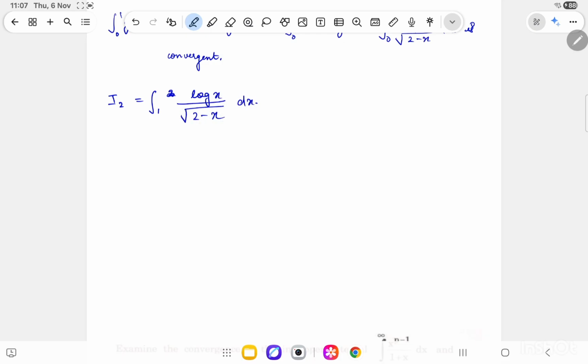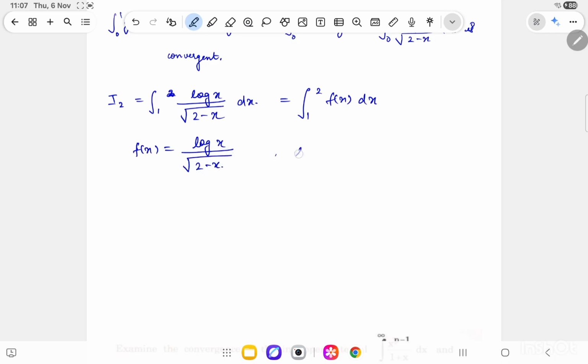Here I am not introducing a minus sign because the function f(x) is positive for all x between 1 and 2. So our f(x) is basically equal to log x divided by square root of 2 minus x.